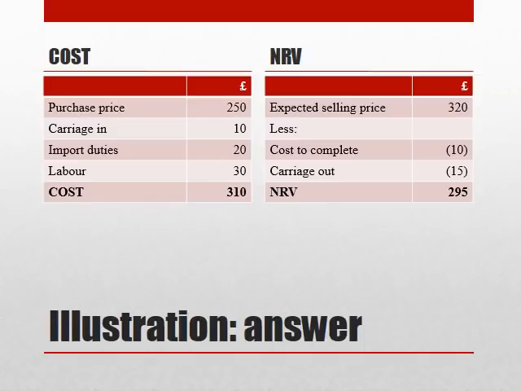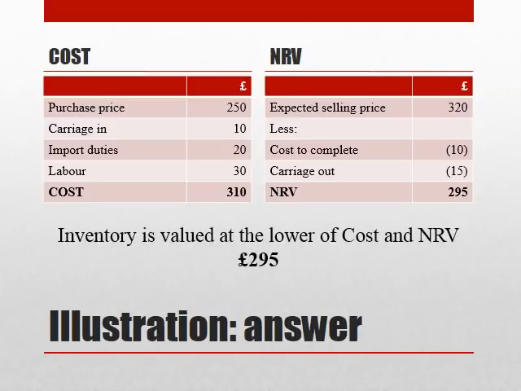So that gives me a net realisable value of £295. We then compare the cost and the net realisable value, and we will value the stock or the inventory at the lower of those two amounts. So that's £295. And we do that for each individual line of stock.